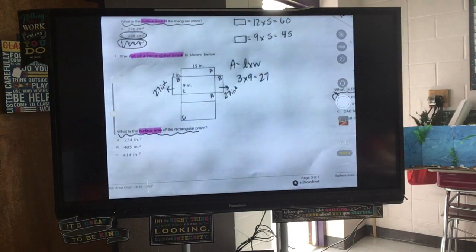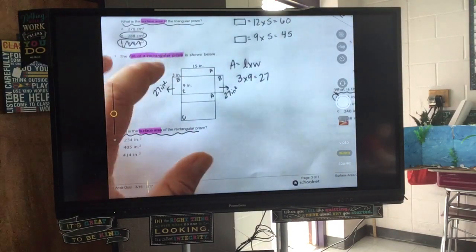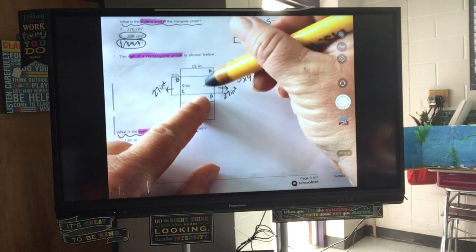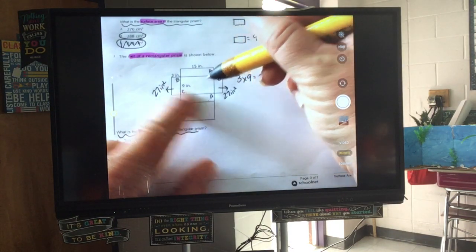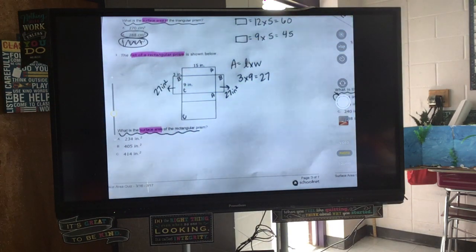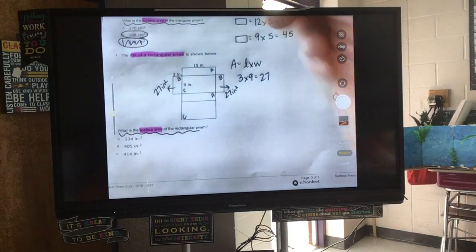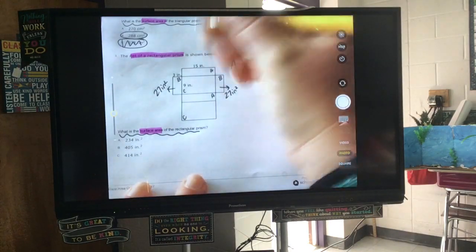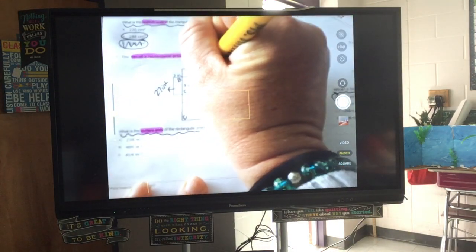Is there anybody who doesn't understand why? Okay, so let's look at this middle, the biggest box here. We have a 9, but we don't have another number. Where do I get my other number from? Andrew?